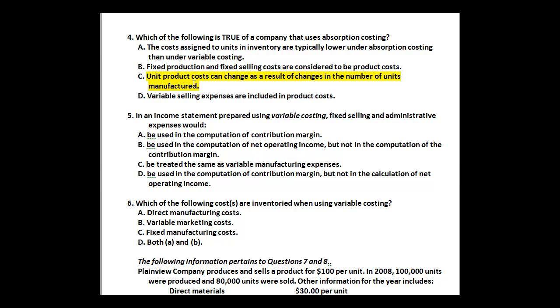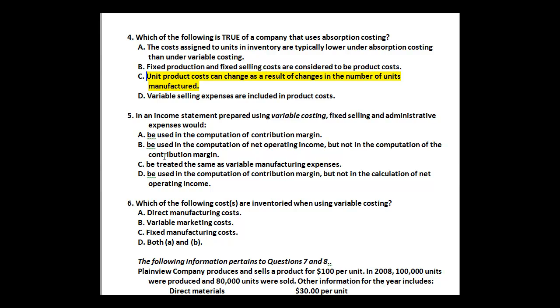We discussed this in class that the more units you produce, then you have a larger denominator when you take total cost divided by number of units. So the more units you produce, you can stretch out that cost per unit. If you overproduce under absorption costing, you can actually decrease that cost per unit. You can make it lower, which would then lower cost of goods sold and make the net income higher.